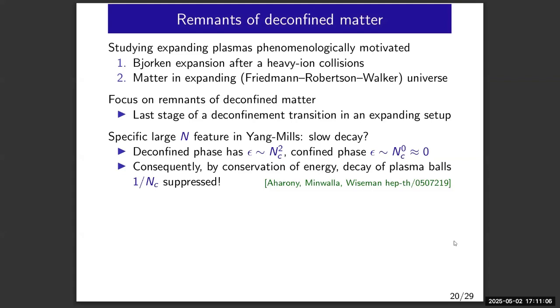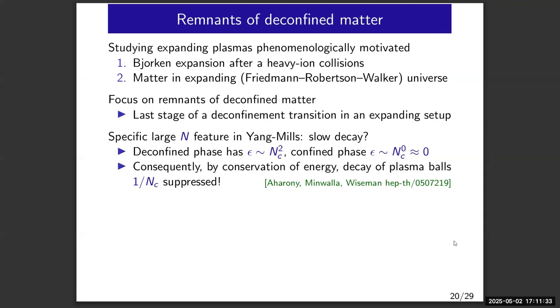And okay, this is the thing which I already briefly explained. There was a question. There is this specific large-N_c feature in Yang-Mills, which indicates that the decay of these remaining plasma pockets should be slow. In the deconfined phase, the energy density is high, N_c squared, but in the confined phase it is N_c to the 0, essentially just 0.